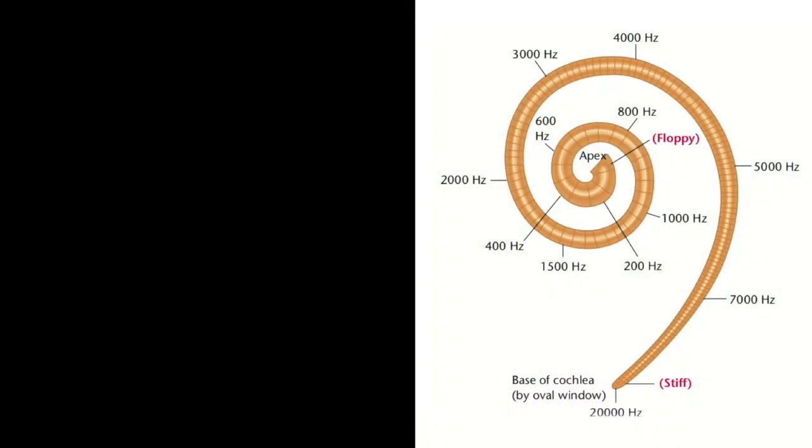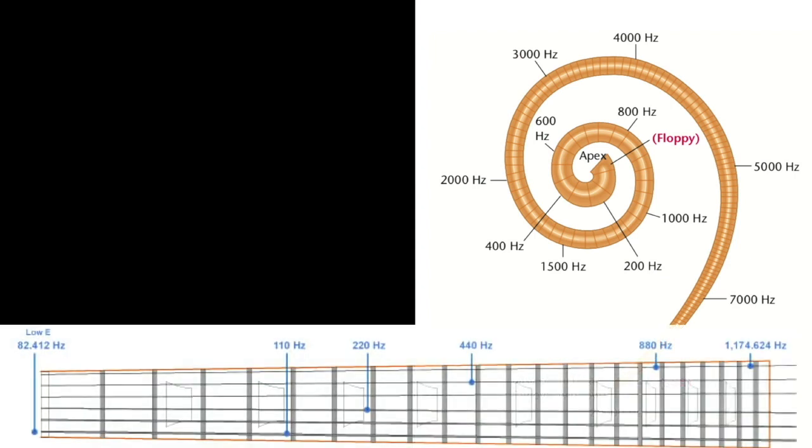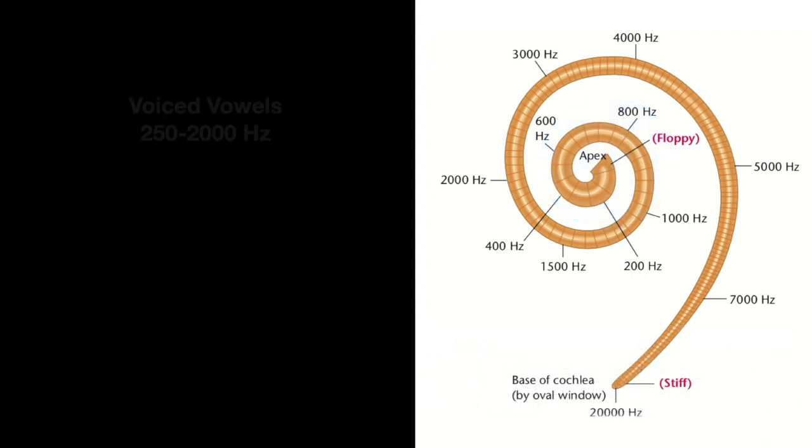So here we have again our basilar membrane. And let's talk about the sounds that make up speech. Sorry, I went backwards a little bit. The first set of sounds, of course, are voiced vowels, the A, I, O, U sounds, very rounded, open sounds.